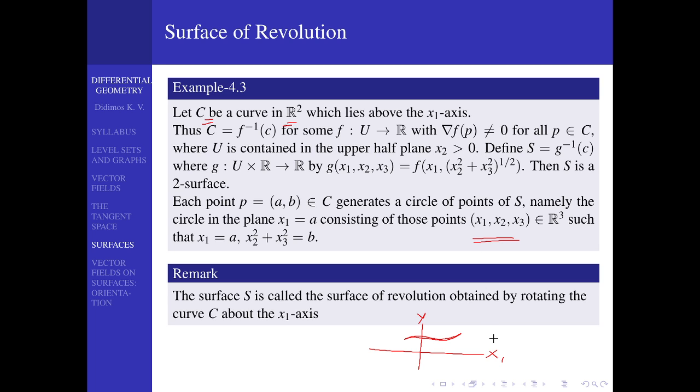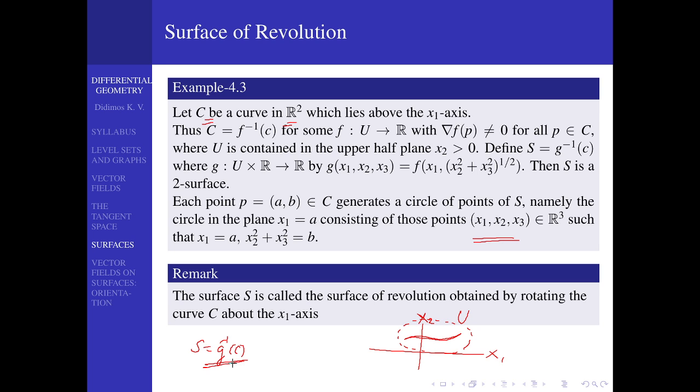I call this x1 and this x2. Here I consider a subset U, and this plane curve F inverse c is always a subset of this U. Using this curve, define a surface S equal to G inverse C.